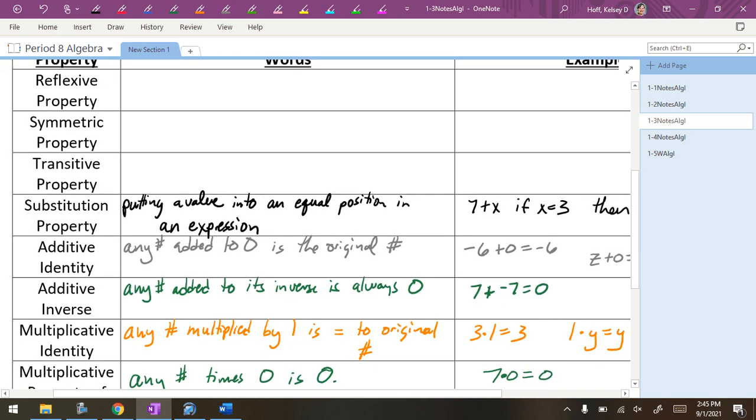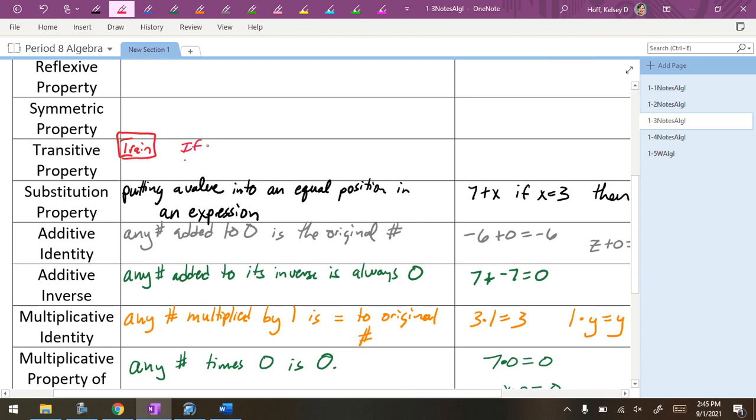Transitive property, I think of a train. Okay. If A equals B and B equals C, then A equals C. Technically, all of them would be equal, right?